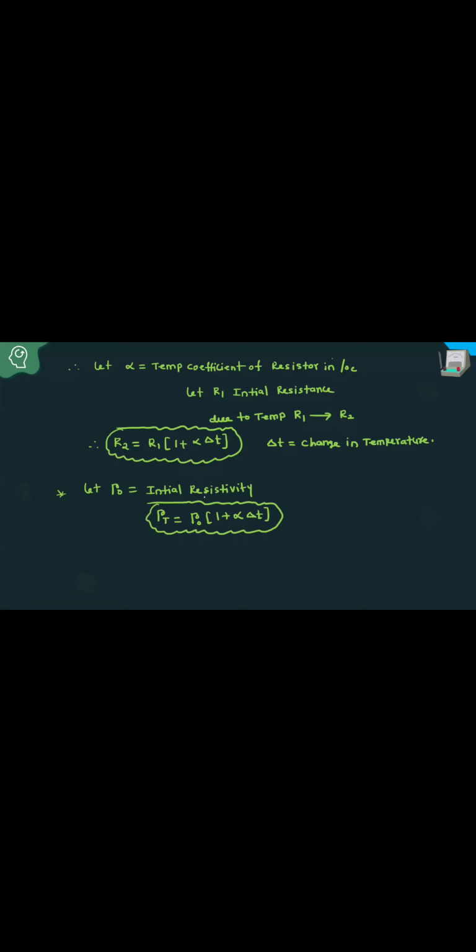This is the resistivity at the initial temperature, either T0 or T1; there's no need to write that, but these are the relations that you have. Like this, the resistance depends on the temperature. These are the different factors which affect the resistance of a resistor.